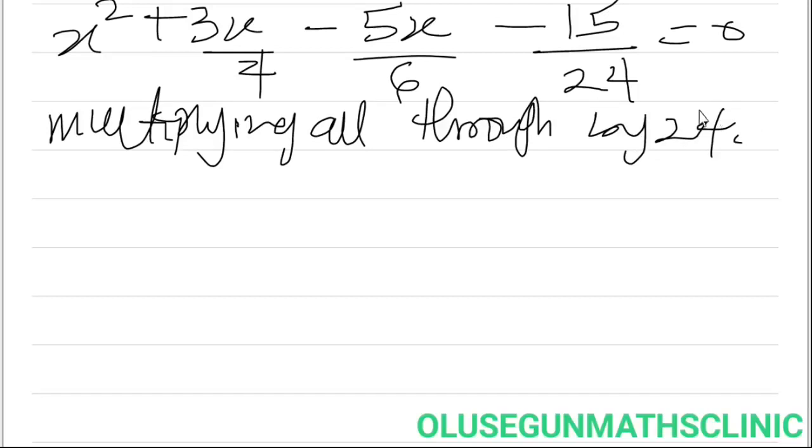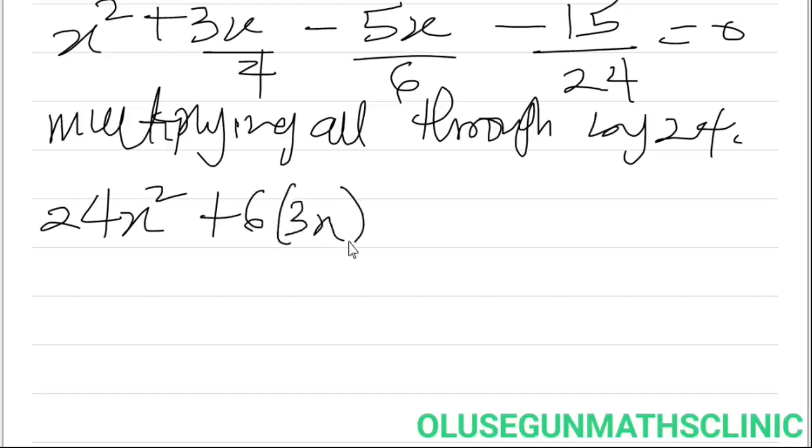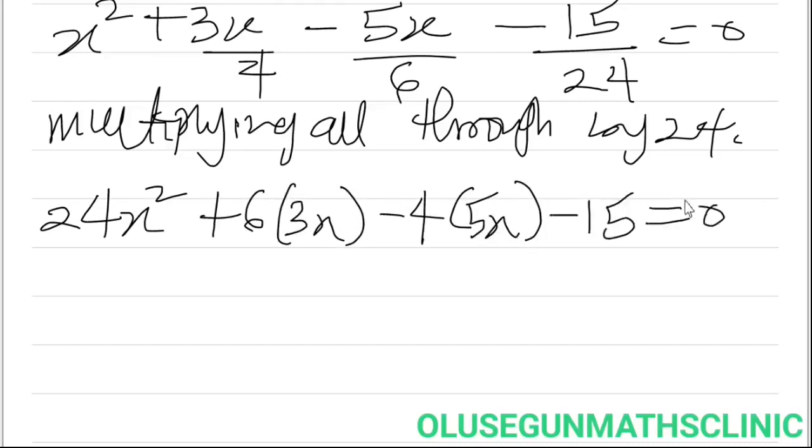By the time you multiply, we have 24x squared, minus 4 onto 5. Let's multiply one by one. Plus 6 onto 3x, minus 4 onto 5x, minus 15 is equal to 0.